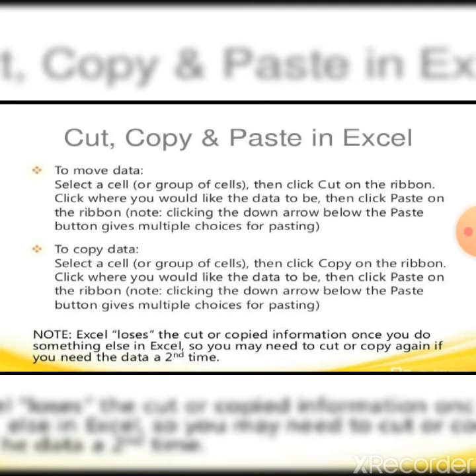To copy data, select a cell, then click Copy on the ribbon. Click where you would like the data to be. Then click Paste on the ribbon. Or you can use Ctrl+C shortcut key for copy your data and Ctrl+V shortcut key for paste your data.